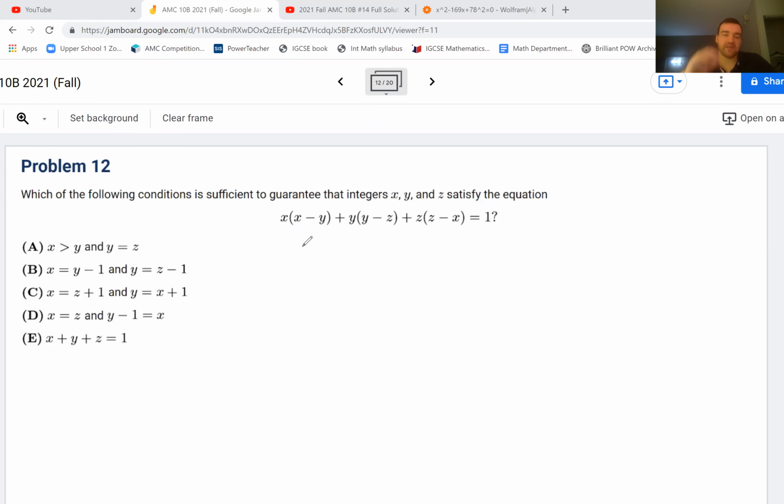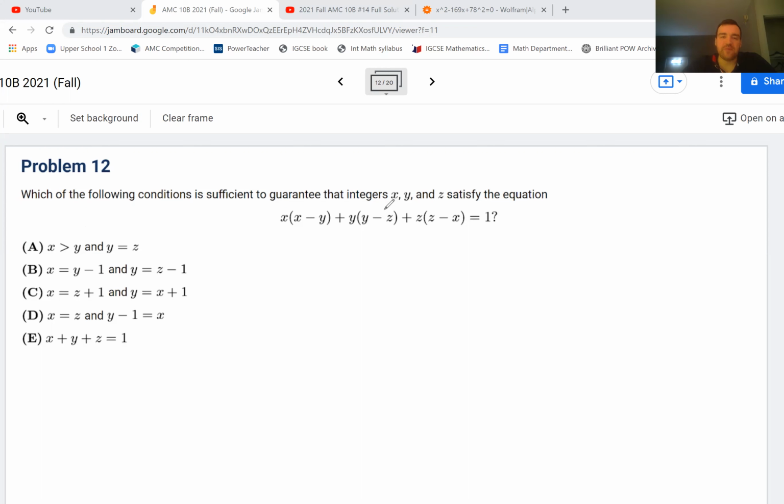So it's which of the following conditions is sufficient to guarantee that integers x, y, and z satisfy the equation |x minus y| plus |y minus z| plus |z minus x| equals 1, right? Well, if we look at choice A, it really doesn't give us much to work with. It's just telling us x is bigger than y and y is equal to z.